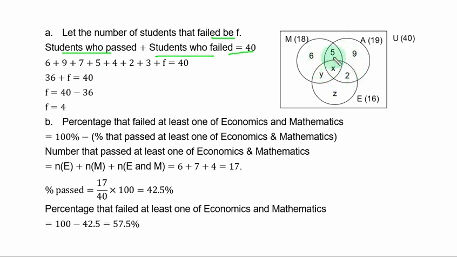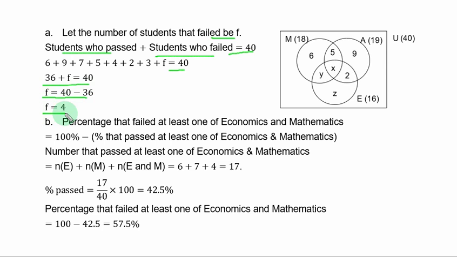You have 6, 9, Z is 7. You add these together plus F, those that failed, equals 40. When you simplify further, you have this result. F becomes 40 minus 36, and F is equal to 4.